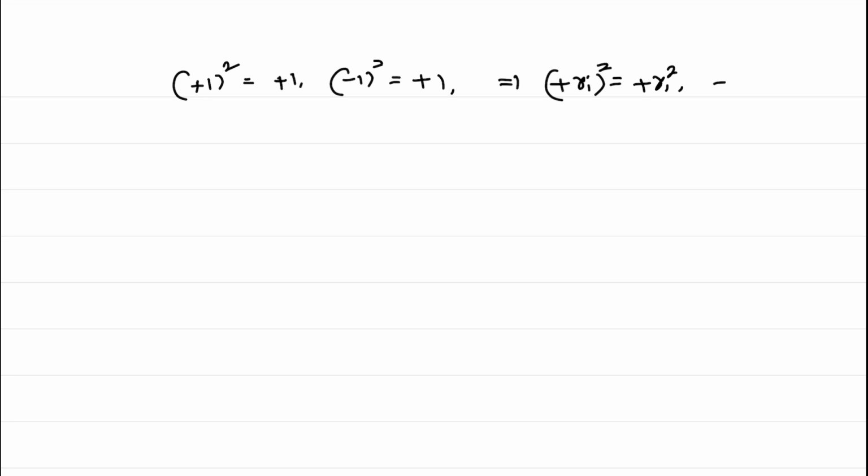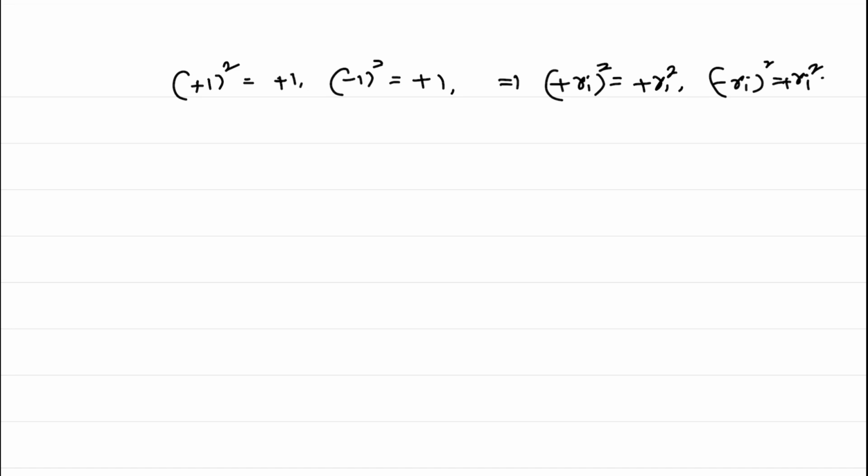To avoid all these complications, for example, please listen. Plus 1 whole square is equal to how much? Plus 1. Minus 1 whole square is equal to how much? Plus 1. That means plus Ri whole square is equal to plus Ri square, and minus Ri whole square is equal to plus Ri square.